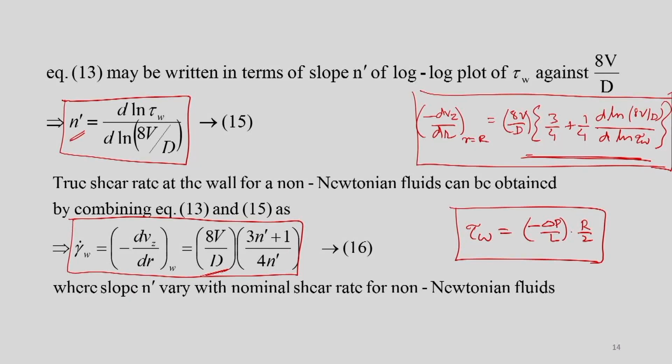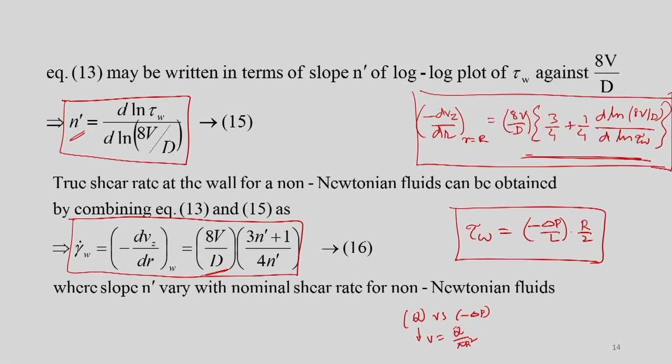Now, for flow through a capillary, if you have Q versus minus delta P information, you can get tau w and gamma dot w information. Q is related to V, because V is equal to Q by pi r square, so if Q is known, V is known.